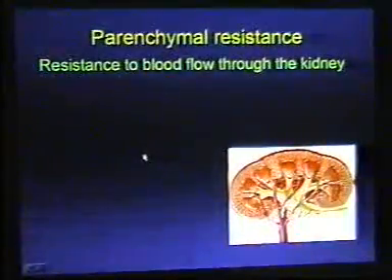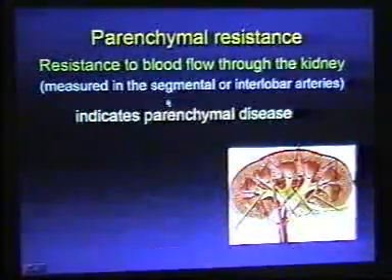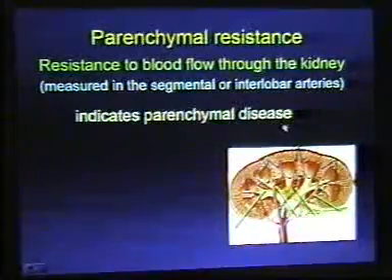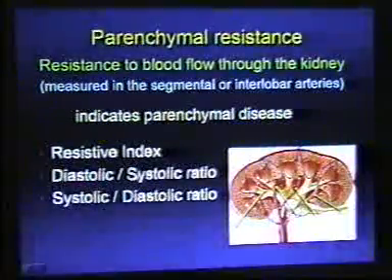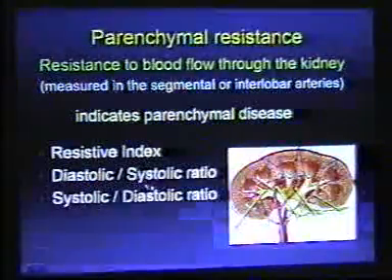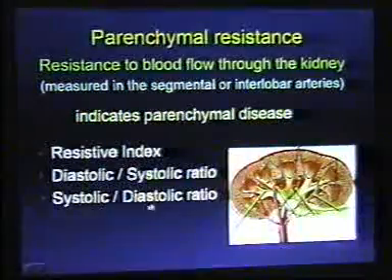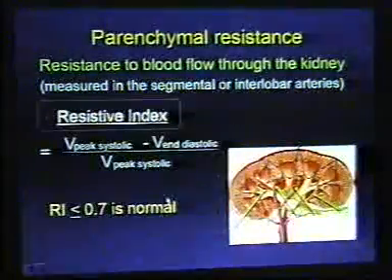Resistance to blood flow through the kidney is very important, indicates parenchymal disease. For this we measure resistive index, diastolic versus systolic ratio and systolic versus diastolic ratio.